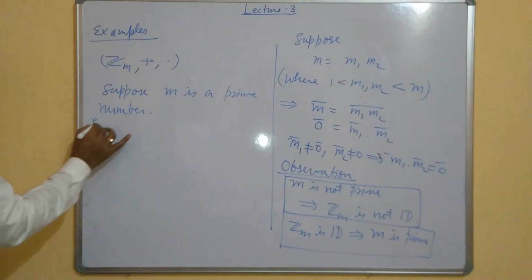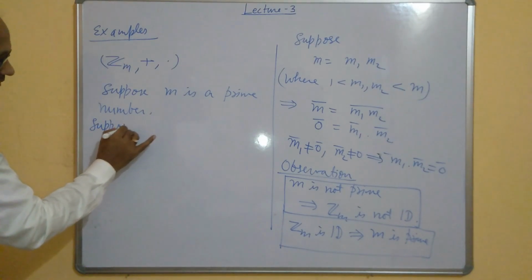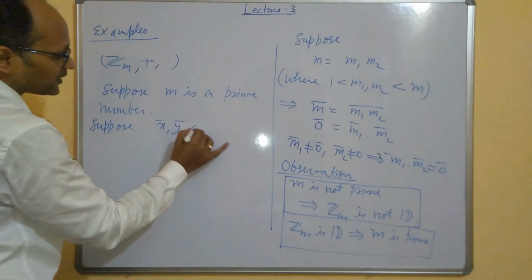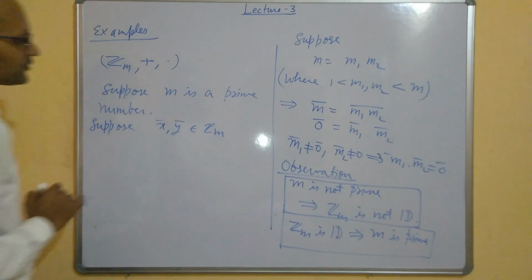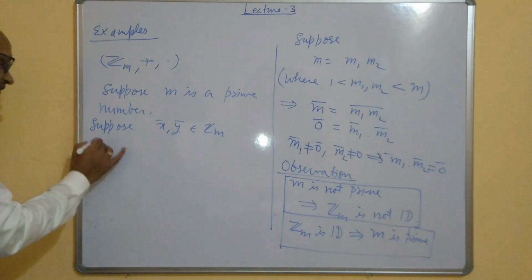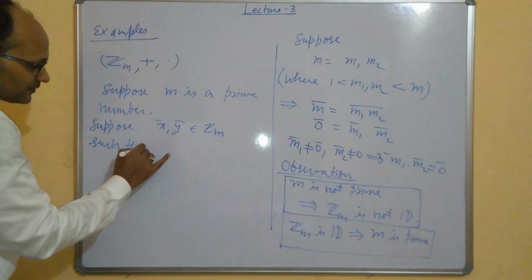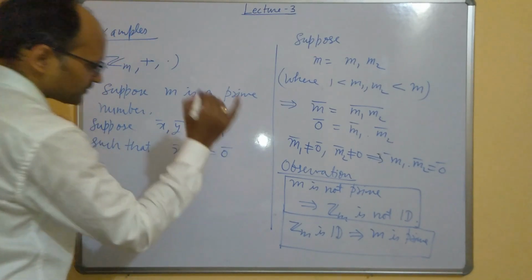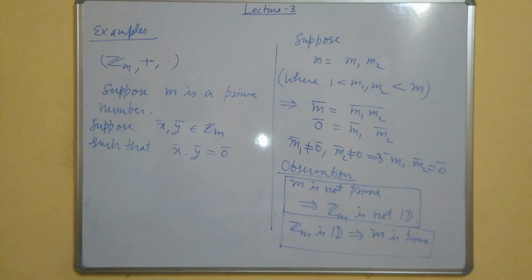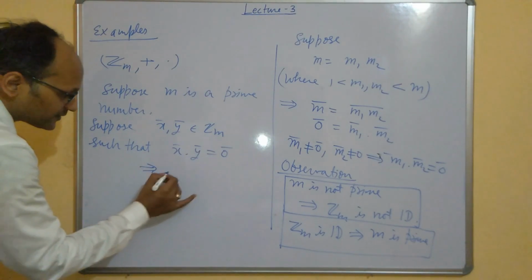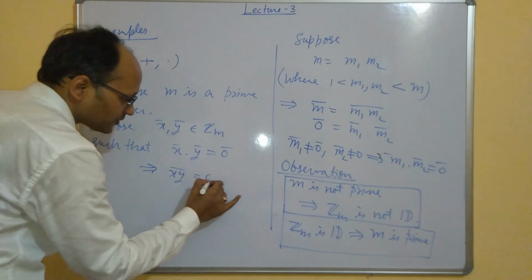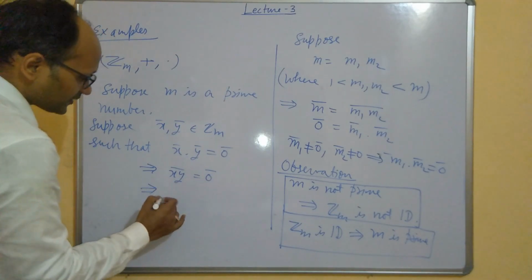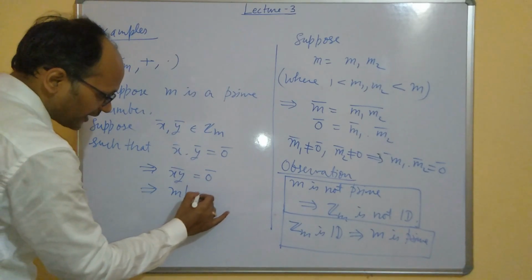So suppose x bar, y bar belong to Zm. So I take two elements of Zm such that x bar into y bar is equal to 0 bar. Then xy bar is equal to 0 bar. In Zm this number is 0 bar means m divides xy.